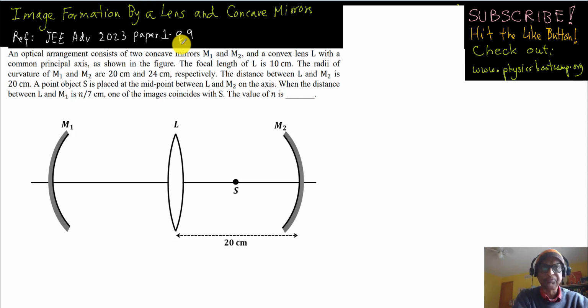So these are concave mirrors, silvered on the outside, so the reflecting side is inside.